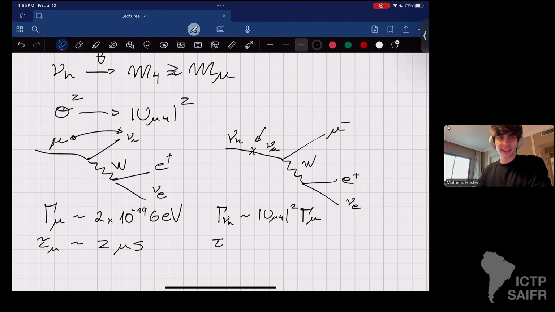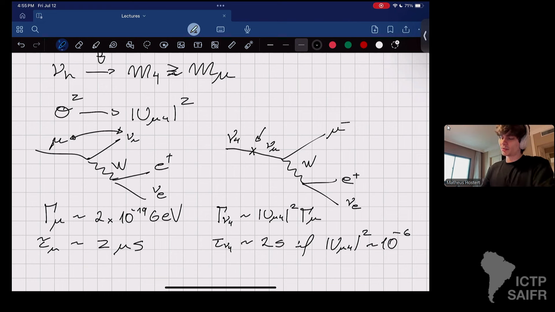And what that means is that the typical lifetime for this particle, sorry, I'm swapping 4 and h, is essentially 2 seconds if U mu 4 squared is 10 to the minus 6.